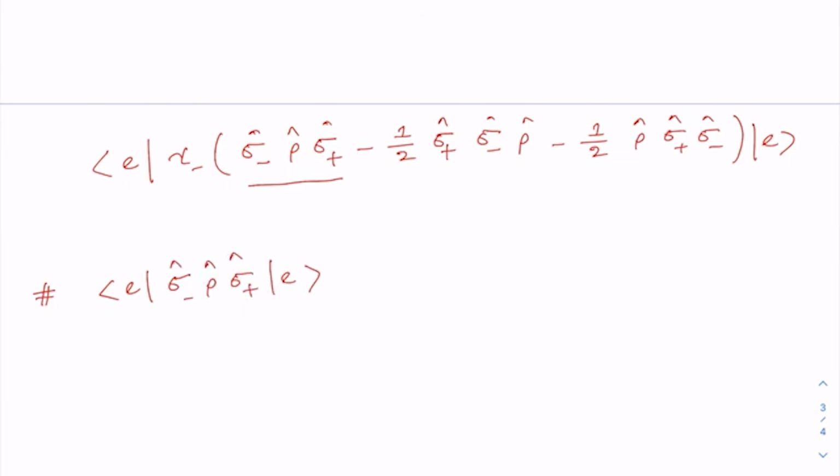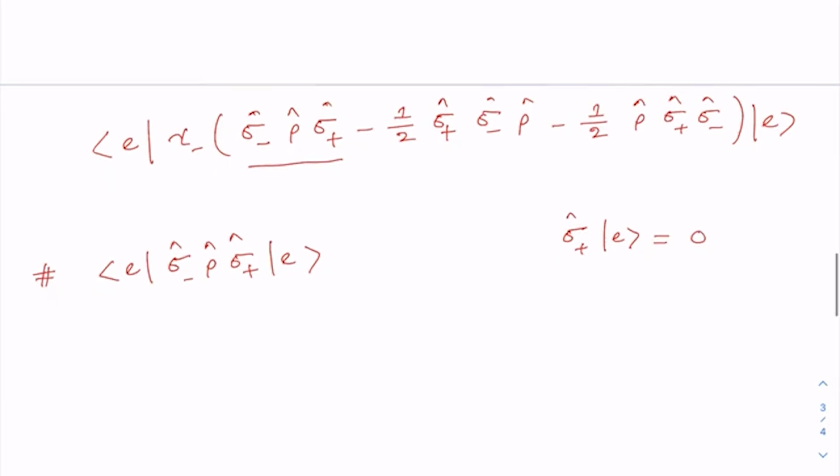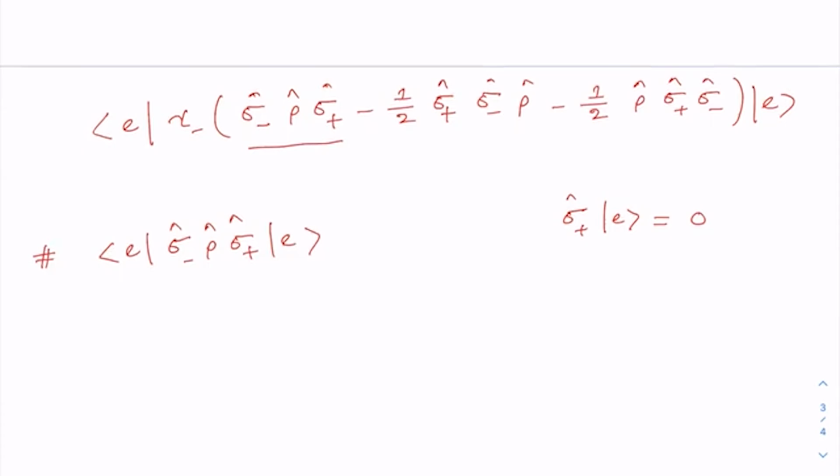Now this is easy to see because sigma plus is the atomic raising operator, and if you are operating on the excited state, you can explicitly do the calculation also. You will immediately get it to be 0. To show it to you, sigma plus, you are going from the ground state to the excited state, then you are operating on this ket e, and because this is orthogonal, this is going to give you 0, right? So this term is going to give you 0.